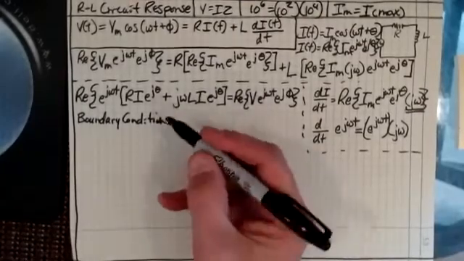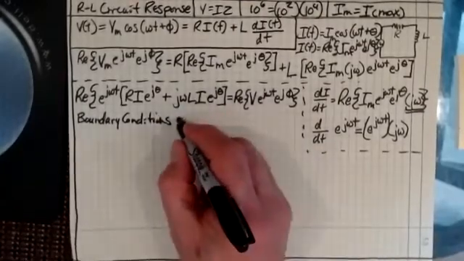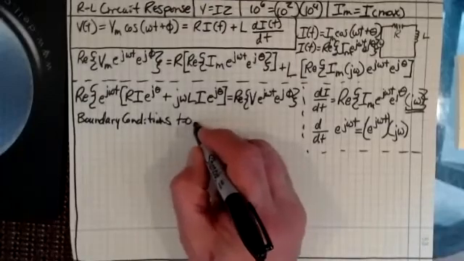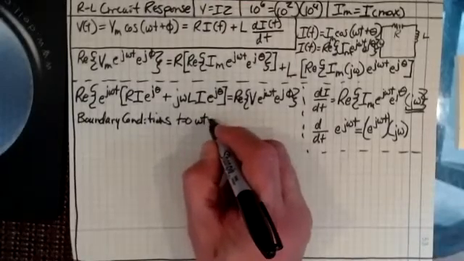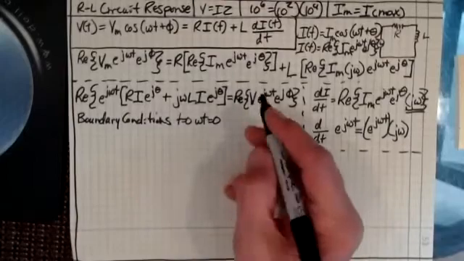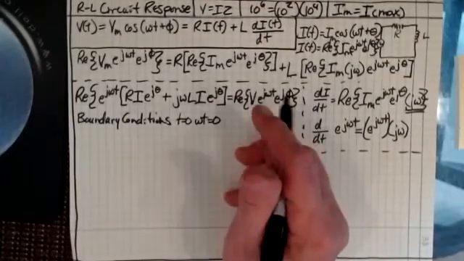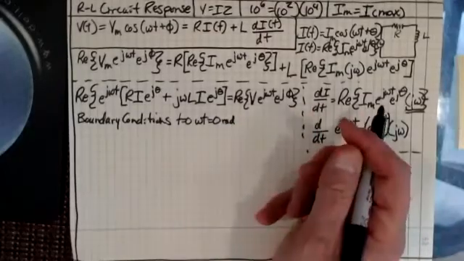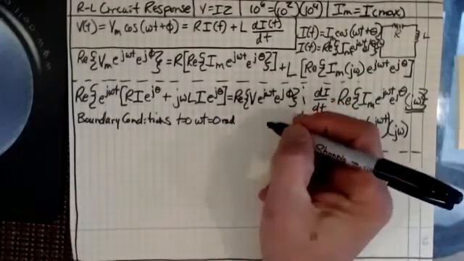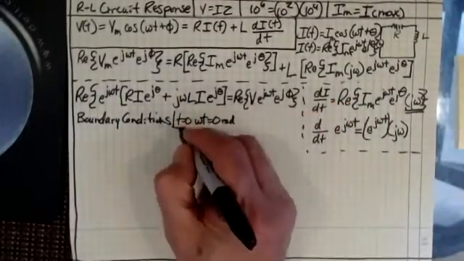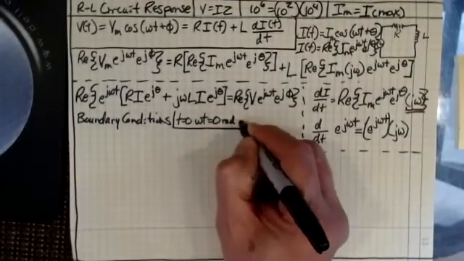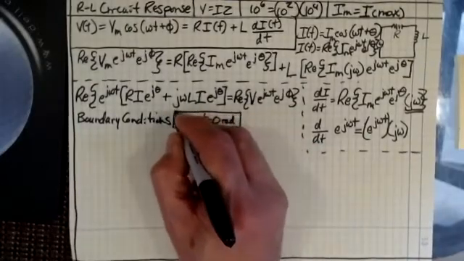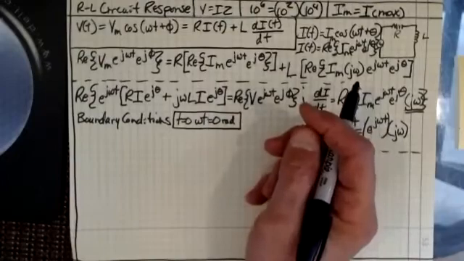My boundary conditions are at t equals 0, omega t equals 0, right? And that would be 0 radians, wouldn't it? So at t equals 0, omega t equals 0, and I know that because anything times 0 equals 0.